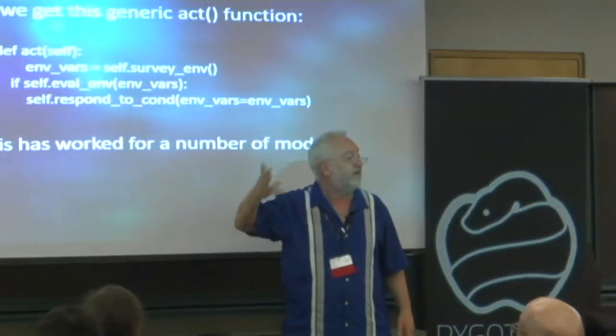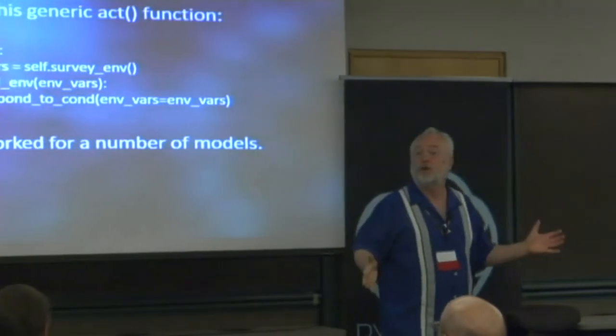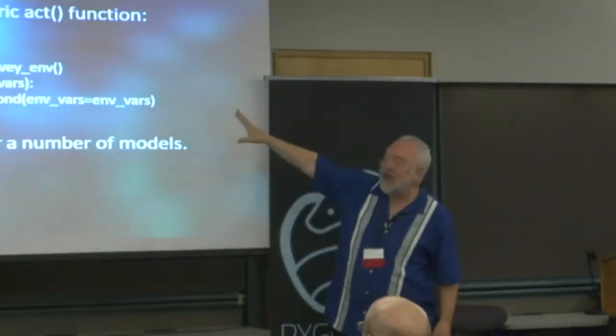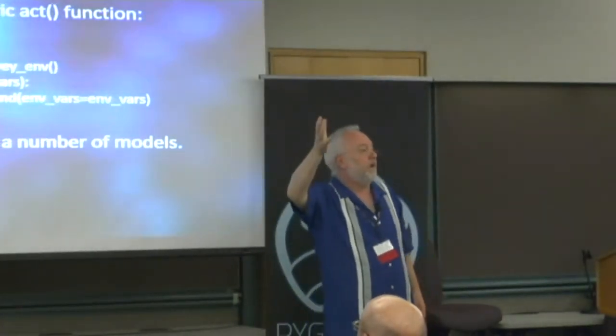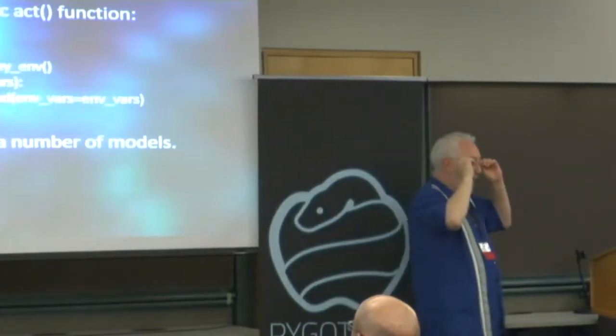In the case of the segregation model, you jump to an empty square if you don't like the neighborhood you're in. But this pattern we found again and again in many models, and so we're trying to see if we can fit as many models as possible into the pattern, because then we can just have plugins.